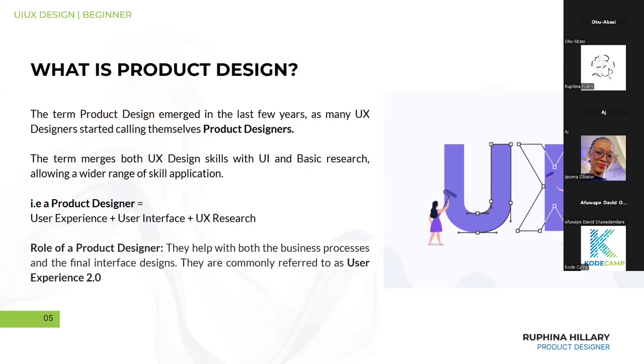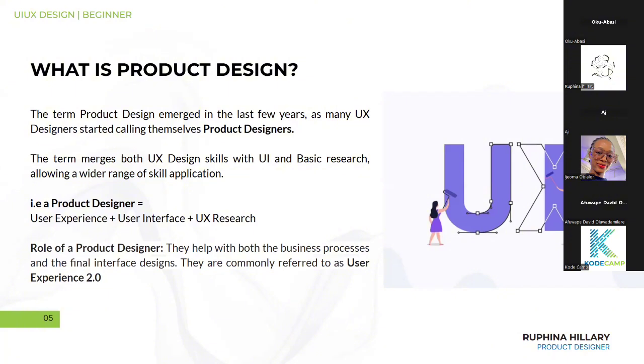Well, a product designer does the job of a user experience designer, a user interface designer, and a UX researcher. So it's more than just the user interface and user experience, but they work with solving problems. They engage in UX research. User interface is colors and boxes.